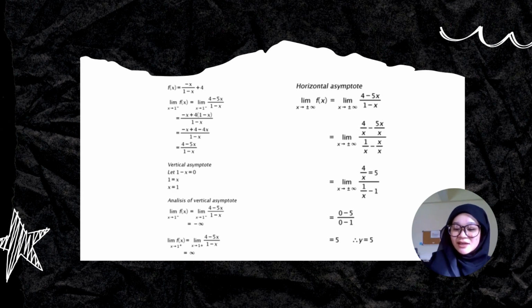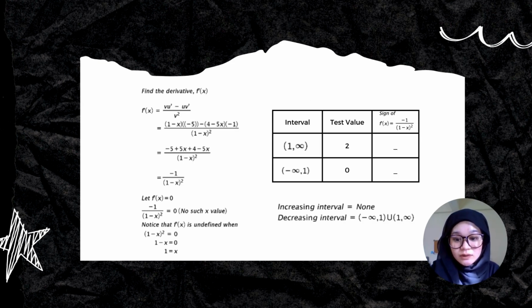Cancel out and substitute, and we will get y equal to 5. Determine the intervals where the function is increasing or decreasing, concave up or concave down. Last step, we need to sketch the graph of f(x) using all the information that we got.